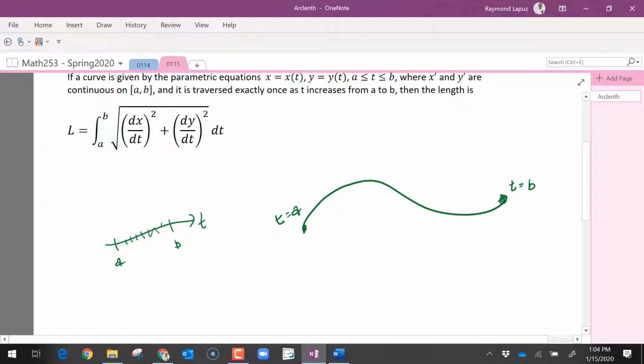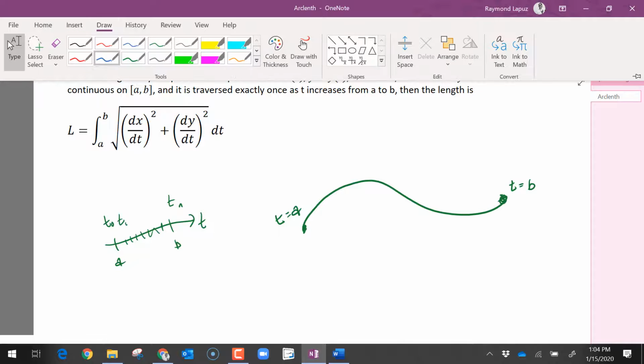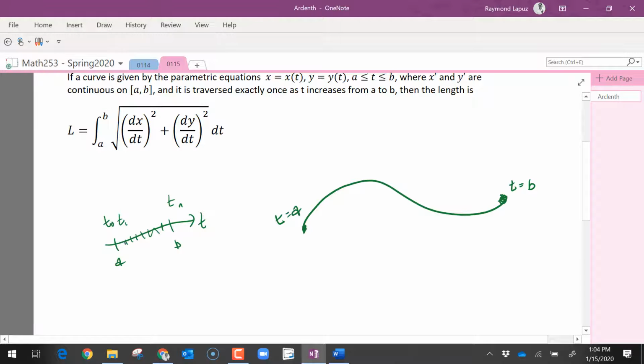We would partition that, say t0 is a, t1, t2, t3, all the way up to t sub n, depending on what the partitions were. And then for each of those t values in the partitions, we get a point associated with it. So we get all these points.